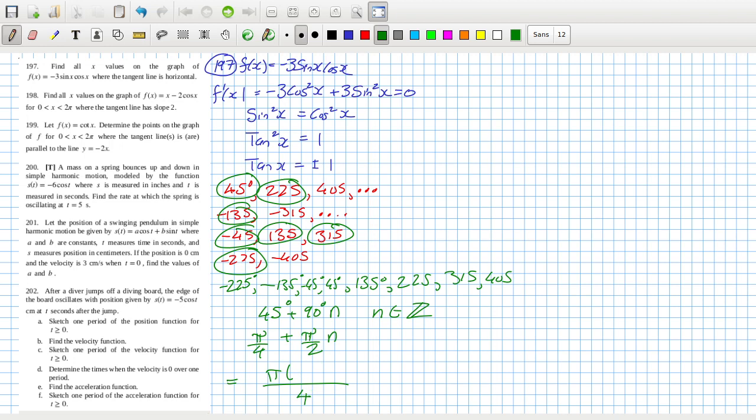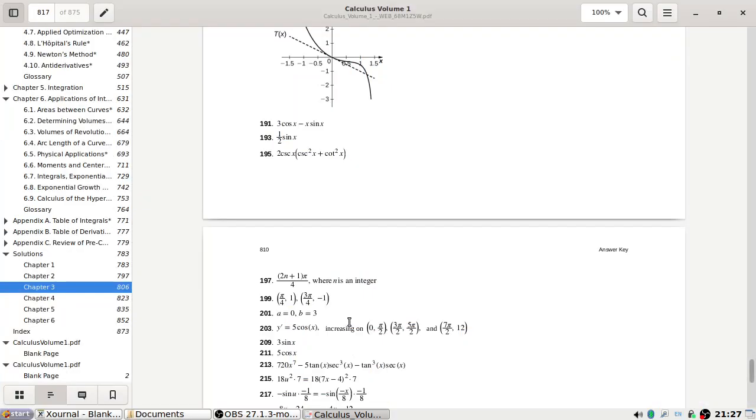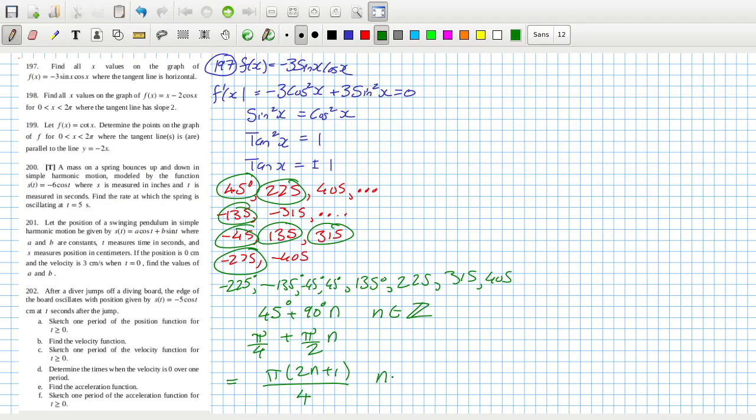And then that's like 2 plus 1. So it's 2n plus 1. Is that what they have? Yeah, it is, where n is an integer. All right, it's actually harder than I thought just to list all the answers in a nice compact formula. But that's it there done. Okay, so that's taken care of.